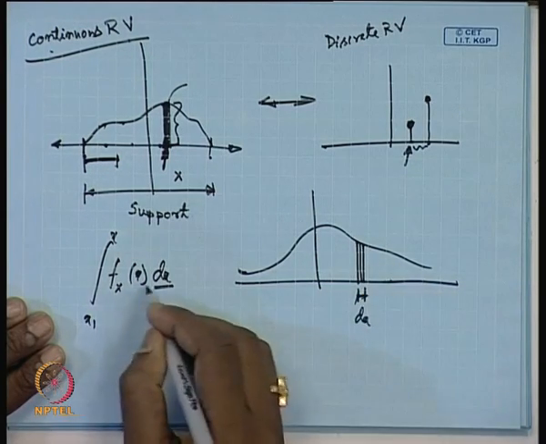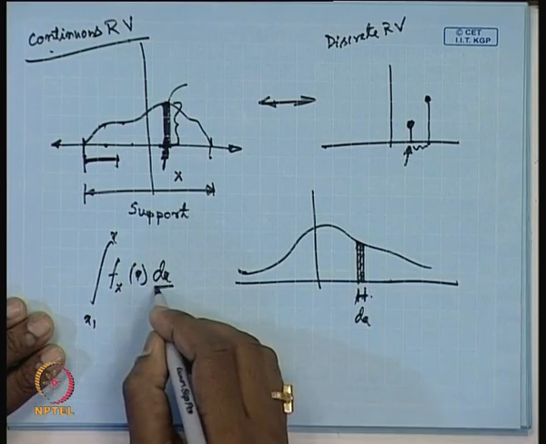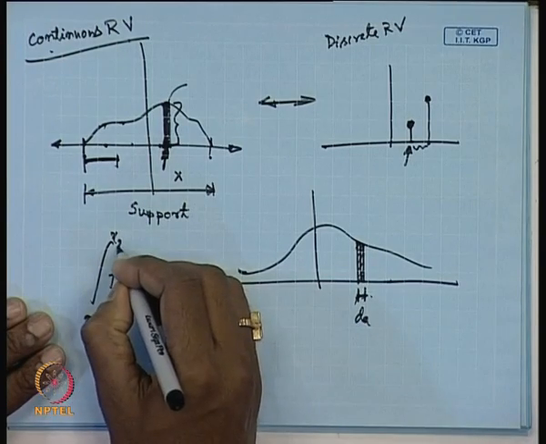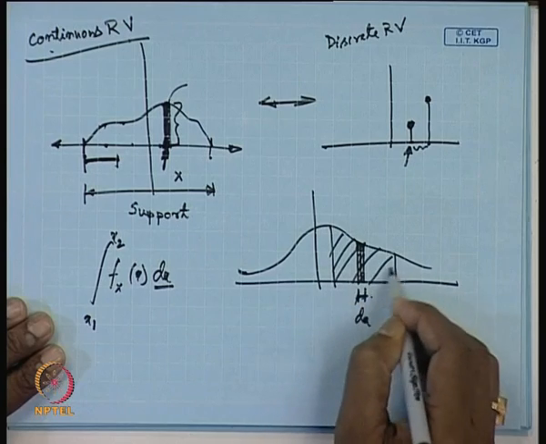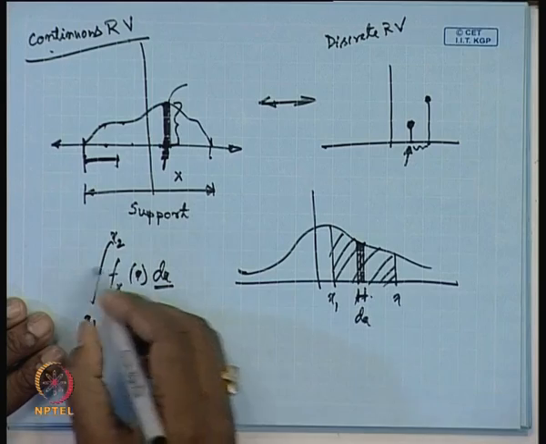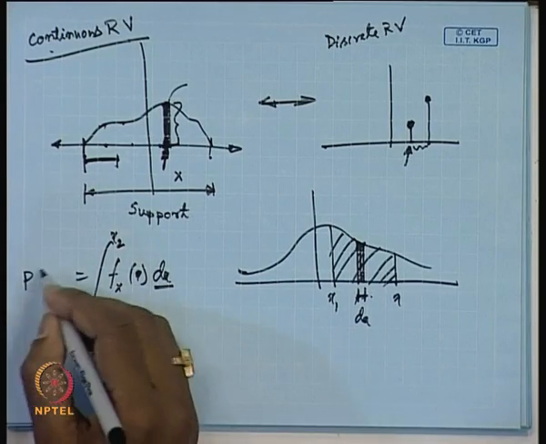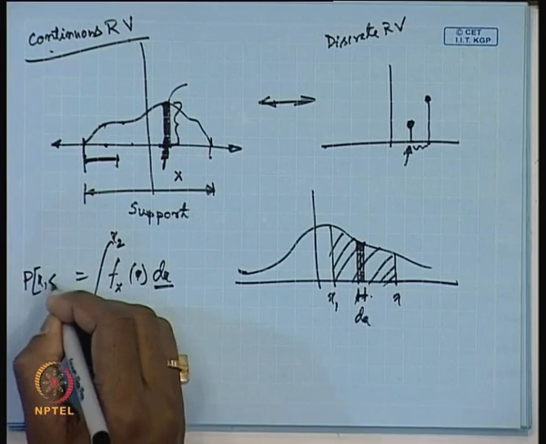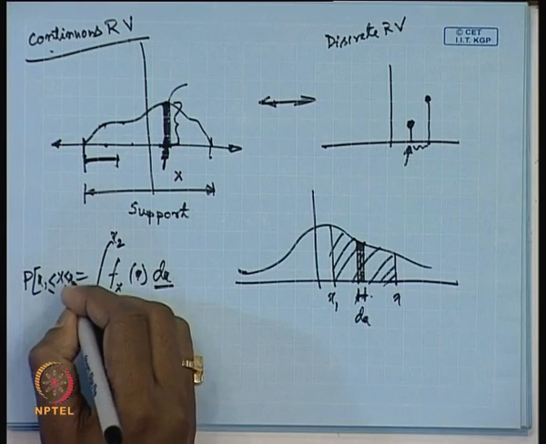If we multiply these two, that is nothing but the probability you are getting over the strip dx, and you are adding up these areas from x1 up to x2. That's why you are getting the total area below these two limits from x1 to x2, and that gives you the probability that the variable lies between x1 and x2.